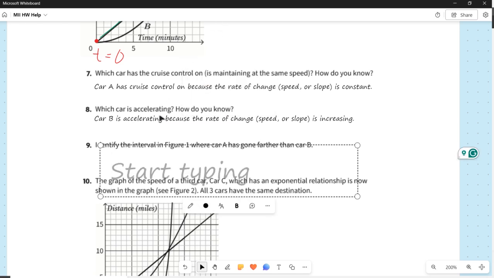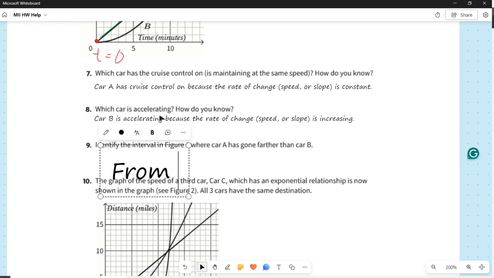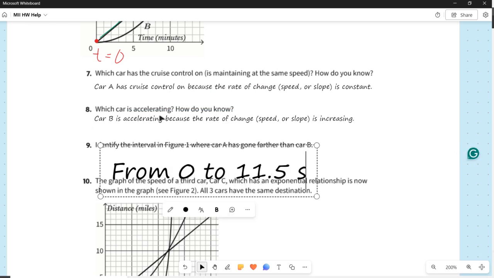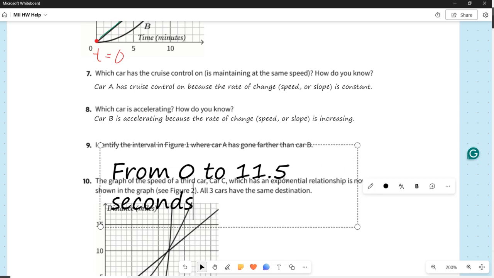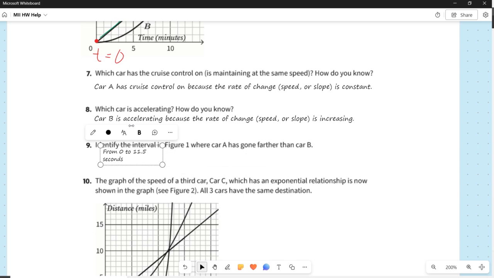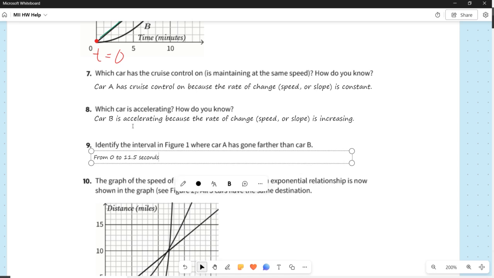So from 0 to 11.5 seconds is what we're looking at. So from t equals 0 to t equals 11.5 seconds. Or if we want to use interval notation, we're talking about 0, comma 11.5.